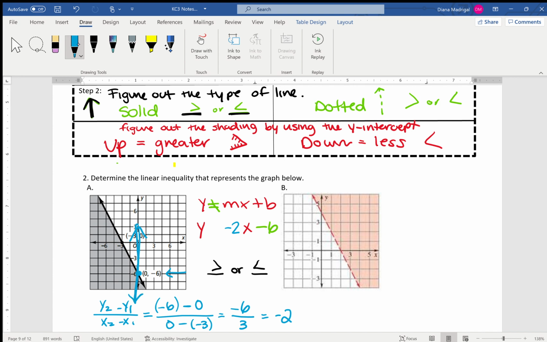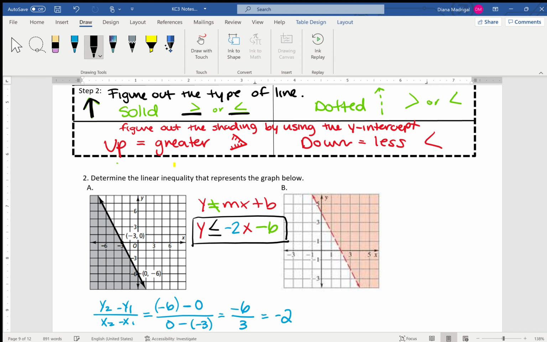From the shading, which part is being shaded, the arrow that's going down or the one that's going up? You should notice that it's shading right here, which is going down. That means this inequality is going to be less than or equal to. Why? Because it's shading down, so less than or equal to. And that's how we figure out the inequality for this graph.